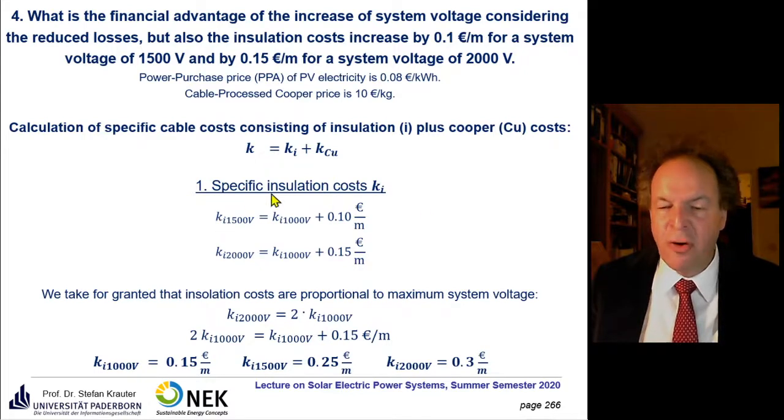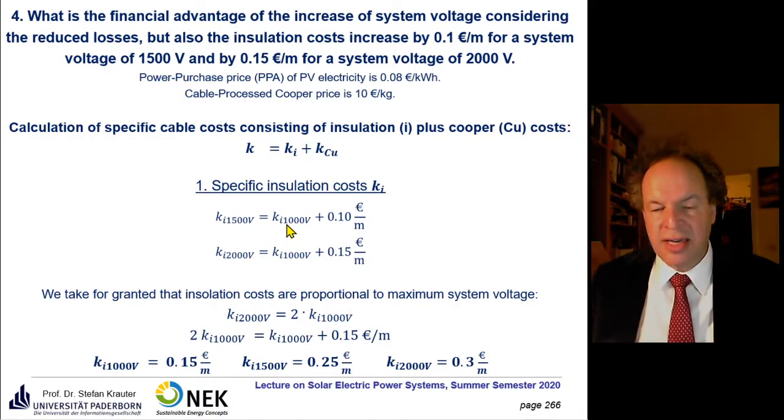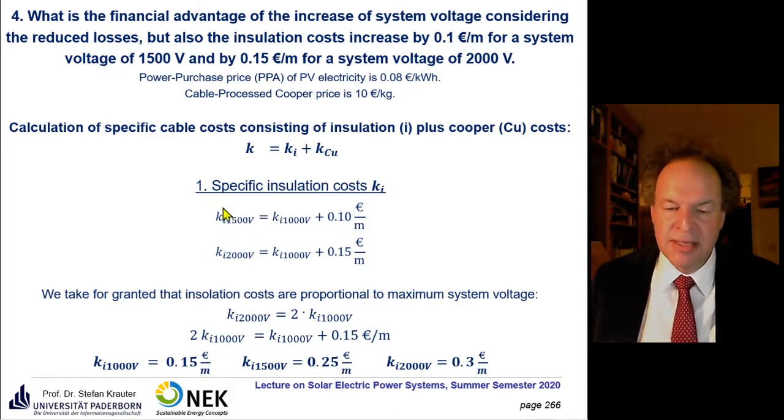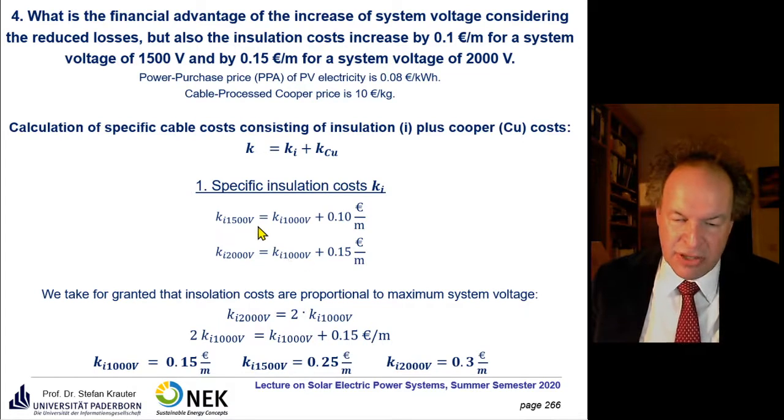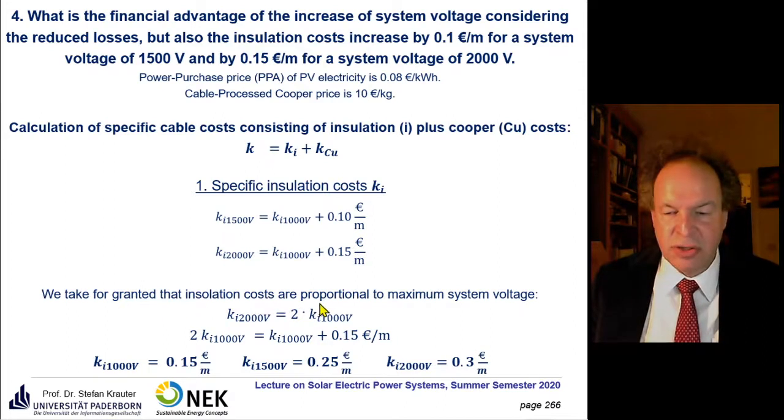Let's put in a formula here. So we have KE 1000 volts plus 0.1 euro per meter is the cost of 1500 volts, and for 2000 volts it is the cost of 1000 volts plus 0.15 euro. We take for granted that the insulation costs are proportional to the maximum system voltage. I think it was written in the beginning.